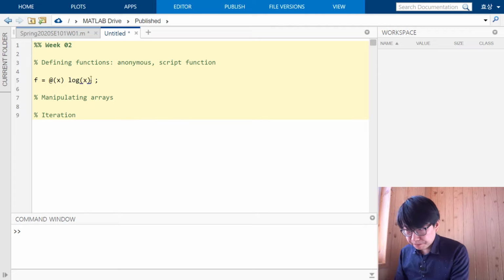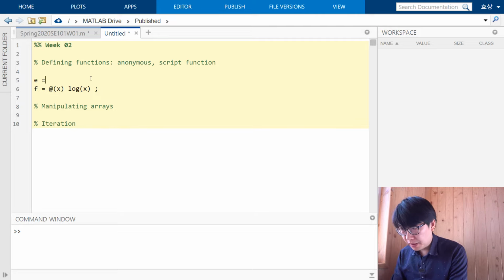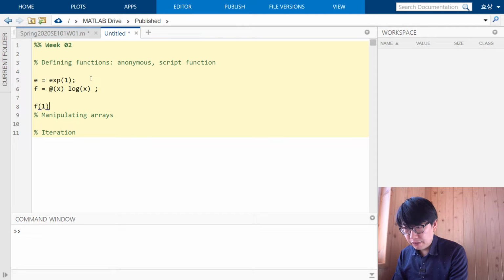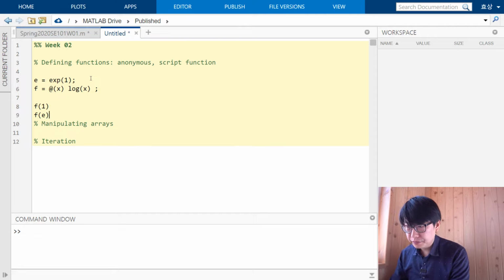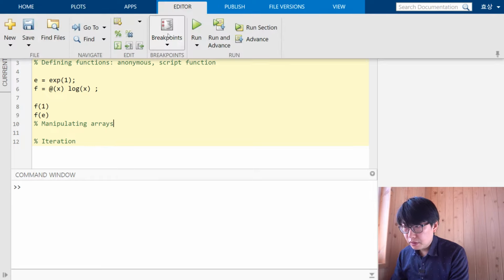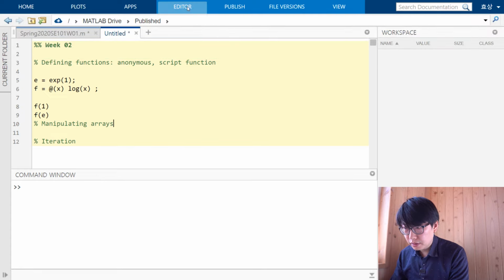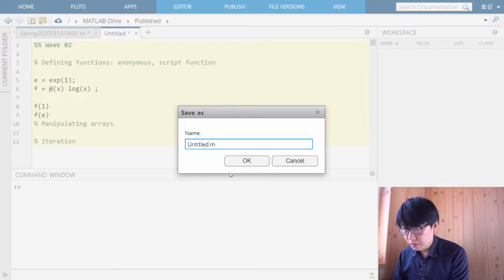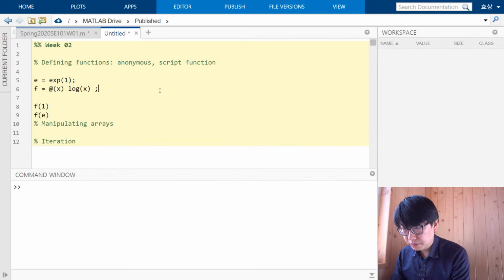Now, for example, let's say we define our natural number as e, and then we define the function this way. And let's try to calculate f of 1 and f of e. Run. Oh, it's not running.